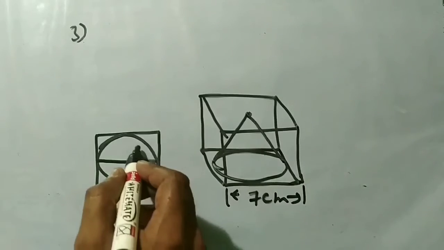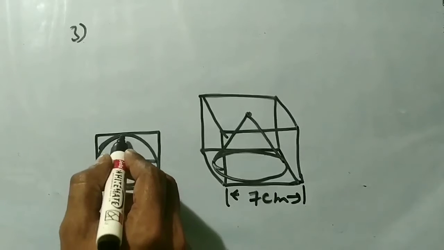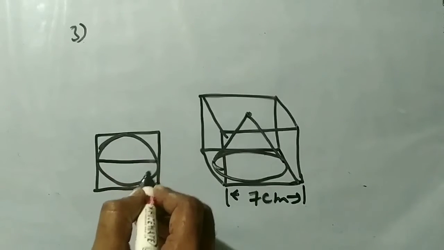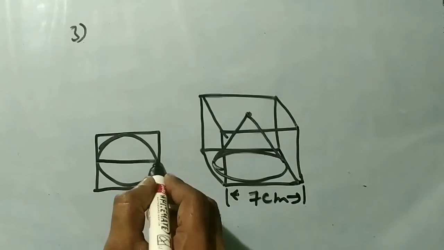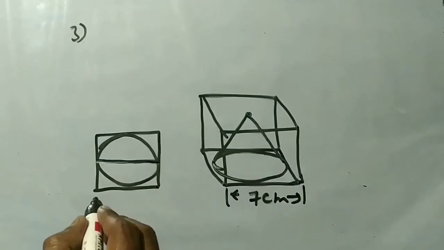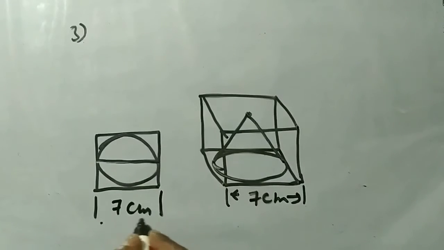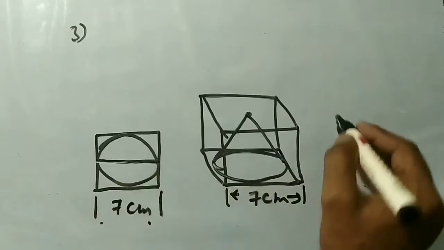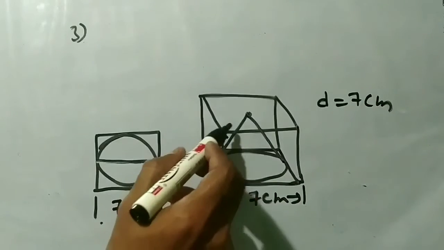The circle touches the 4 sides of the square, so we can conclude that the side of the square is equal to the diameter of the circle. So d is equal to 7 centimeters.